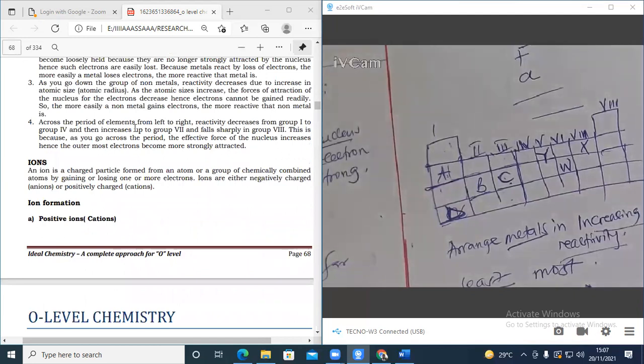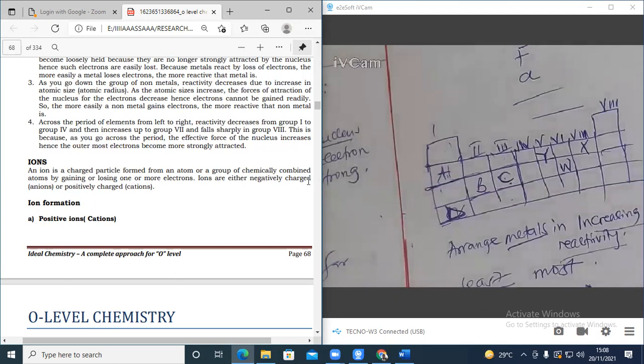Then finally, when you look at ions, an ion is a charged particle formed from an atom or a group of chemically combined atoms by gaining or losing one or more electrons.